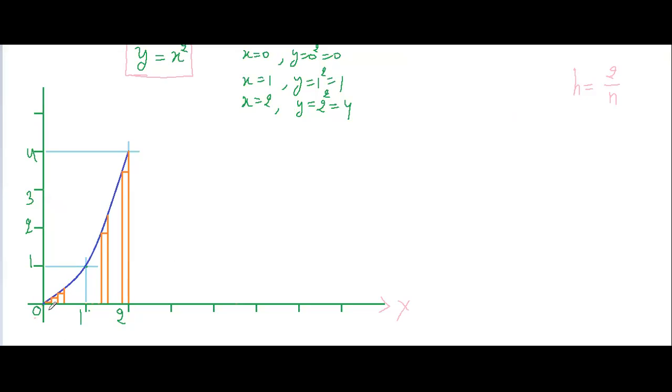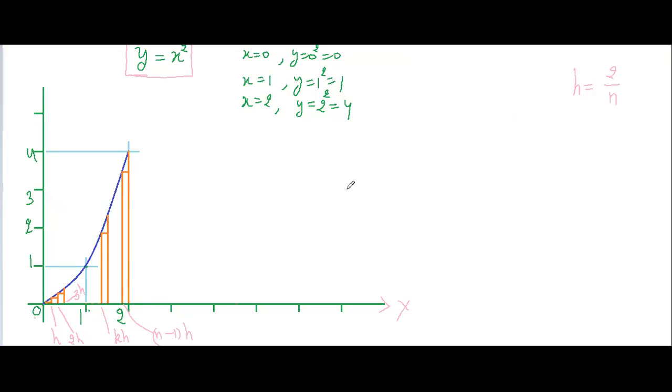So the first number is 0, the second number is 0 plus h, simply h. The third number is 2h, then the next one is 3h, and so on. The last number is n minus 1 times h.